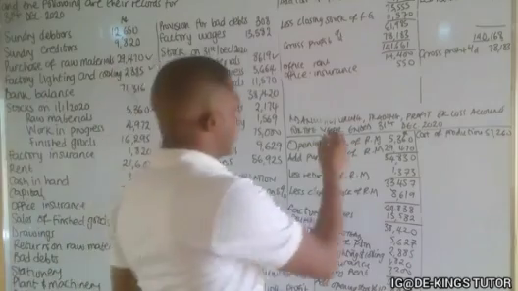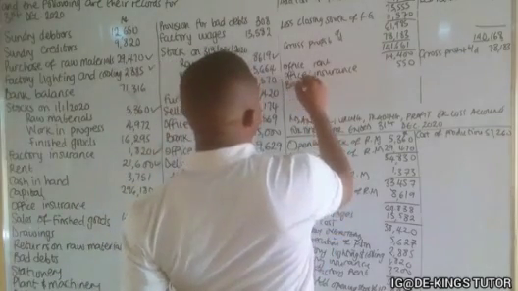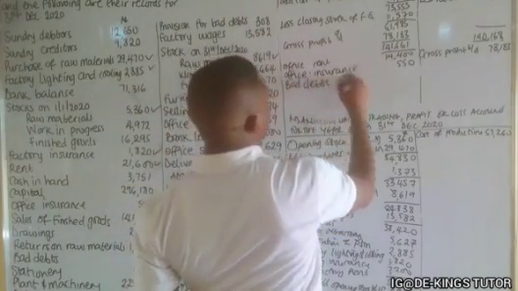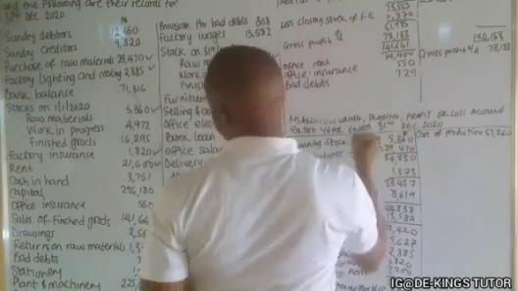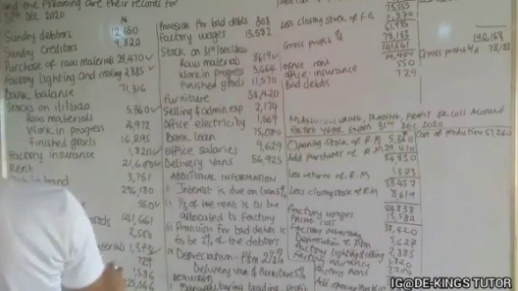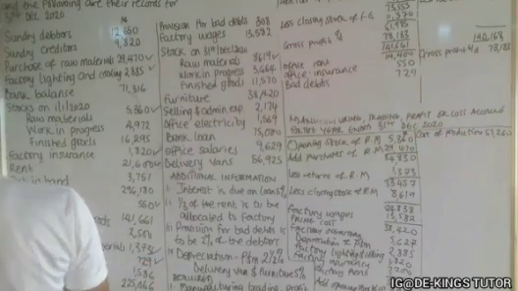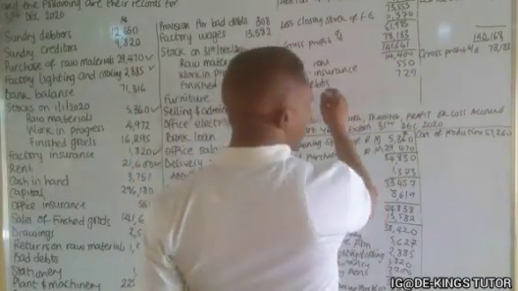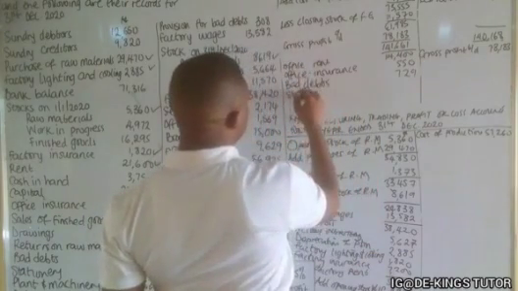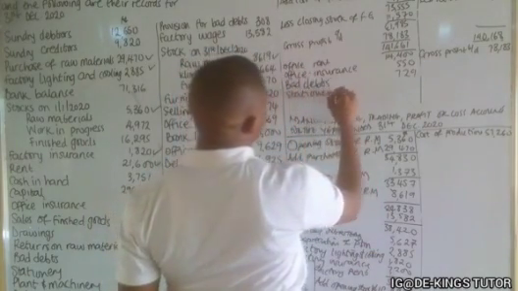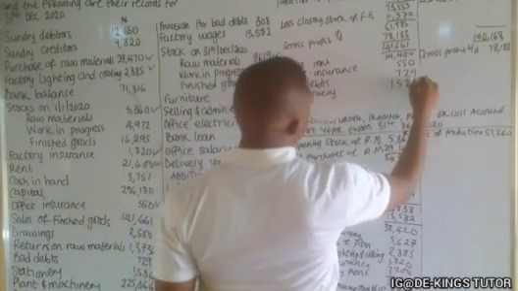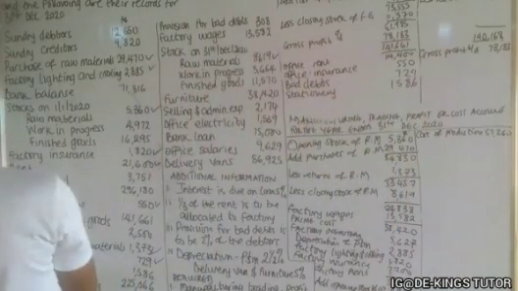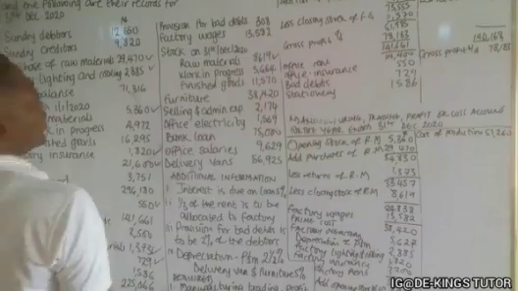So bad debt are 729. Okay. So another one is stationery, 1,586. Another one is provision for bad debt.